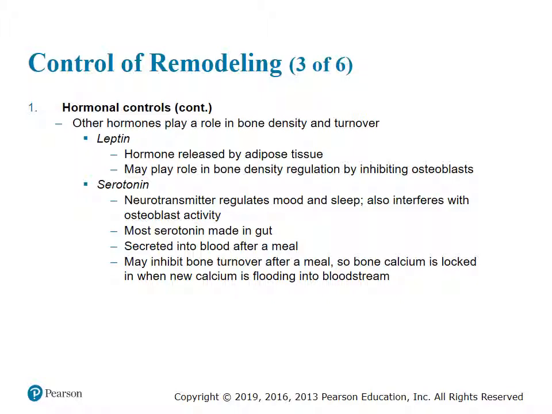Okay, just really quick, some other hormones that play minor roles here. Leptin is one of them. That's actually released by fat tissue and can influence osteoblasts. Serotonin can also influence osteoblasts.